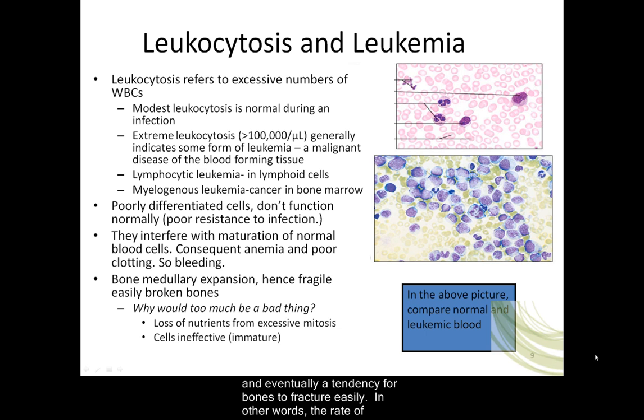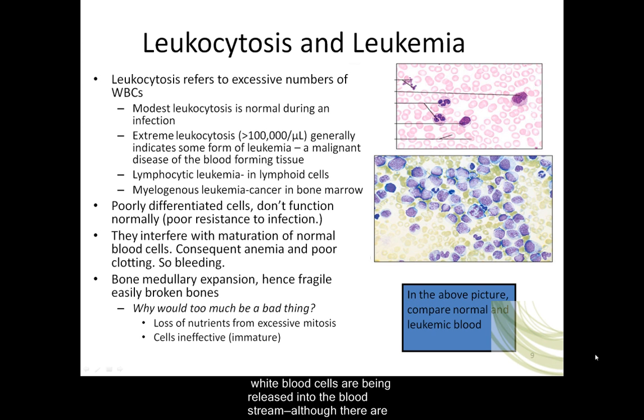In other words, the rate of production of these abnormal white blood cells becomes so great that the medullary cavity within the bone expands to accommodate this rapidly dividing population of cells. Additionally, you need to appreciate that large numbers of these abnormal white blood cells are being released into the bloodstream.